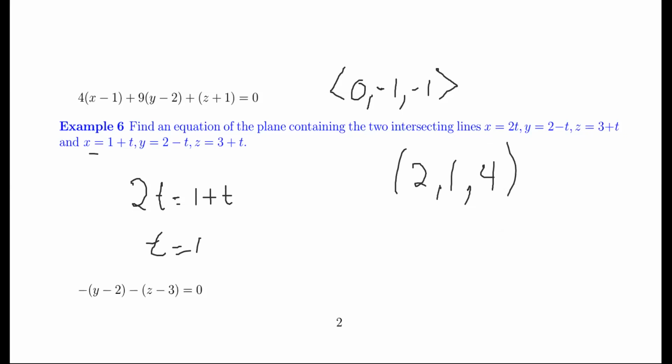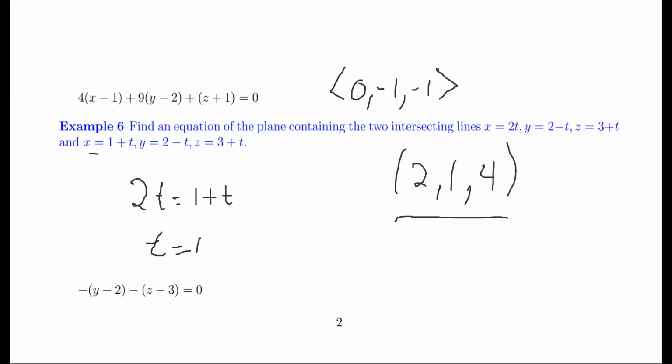This gives us a point that is in both lines. Really, we just needed a point on any line. So in fact, we didn't even have to do all of that work. We could have just plugged in any value of t and gotten any point on either of those lines. But we saw how we could find an intersection point of two lines here.